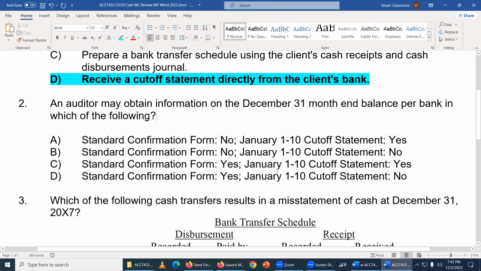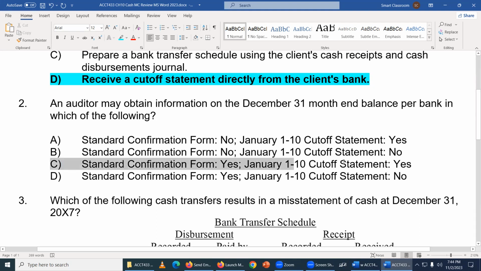An auditor may obtain information on the December 31st month end balance per bank in which of the following? The C seemed to be great.